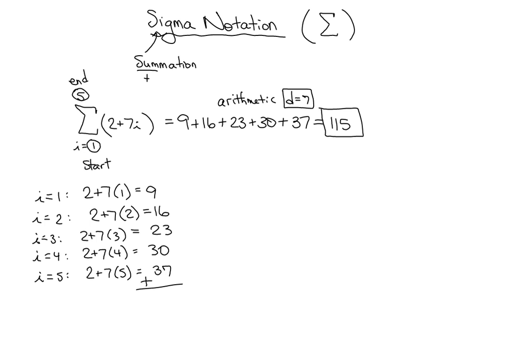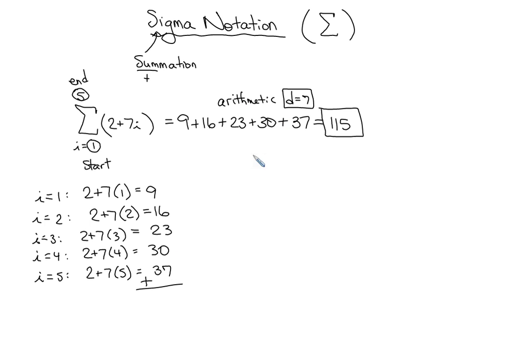Yeah, the coefficient of I is 7, so D is 7. If the coefficient of I was negative 7, D would be negative 7. As long as it's an I and not an I squared or something, and as long as there are no other I's in the problem, that's going to be your D. But you could always work out the first few terms to figure that out as well. Okay.